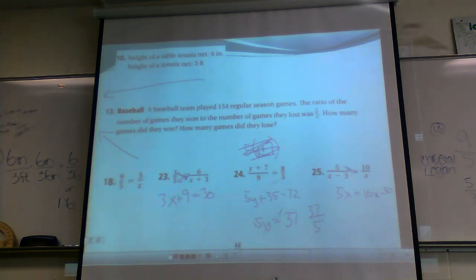So you get the 5 times x there, and then 10 times that entire thing gives you 10x minus 3. 7.